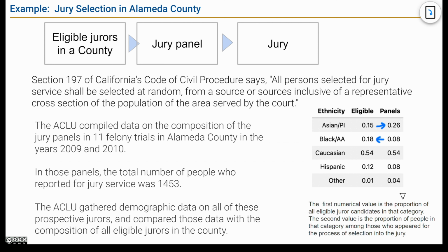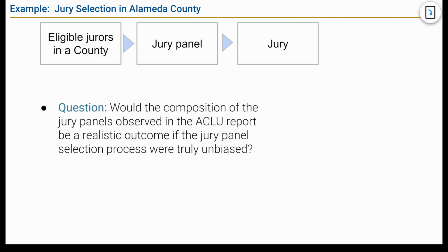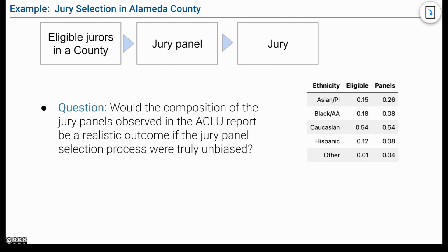And so the question is, is this reasonable? Is this a reasonable amount of variation that we could expect given that this was a random sample? Would the composition of jury panels be a realistic outcome if the jury panel selection process was truly unbiased? And that's what we'd like to test.